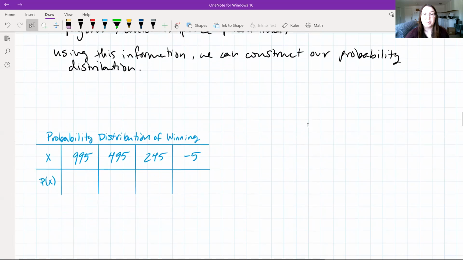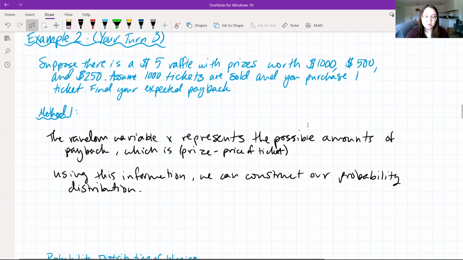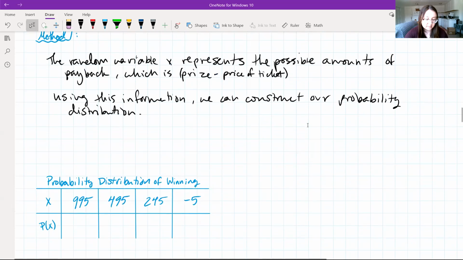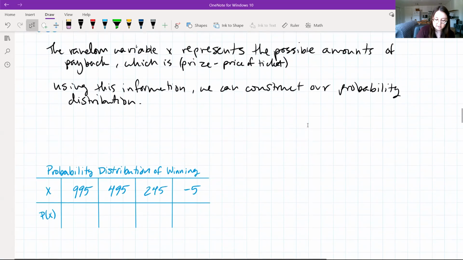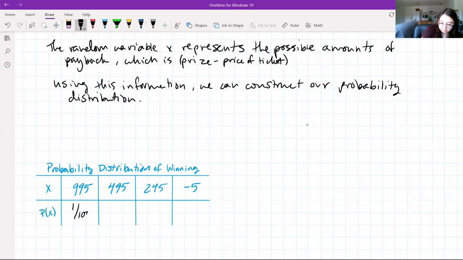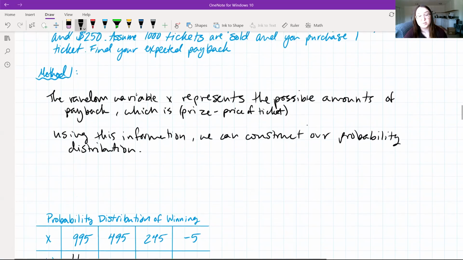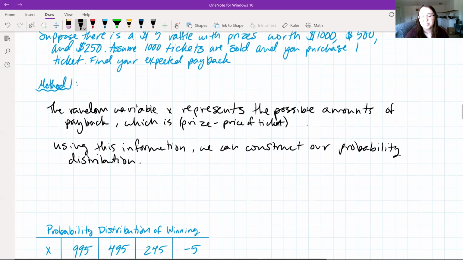So now we want to find the probabilities. We know that there were 1,000 tickets sold. If there's 1,000 tickets sold, there's only 3 prizes, $1,000, $500, or $250, and that means that there's only 3 chances of winning. So the chance of getting a $995 payback is 1 divided by 1,000, because there's only one prize of that value.